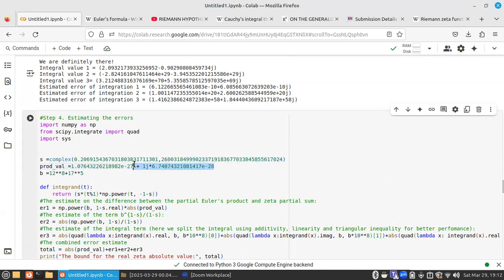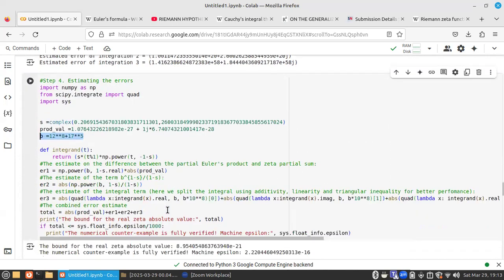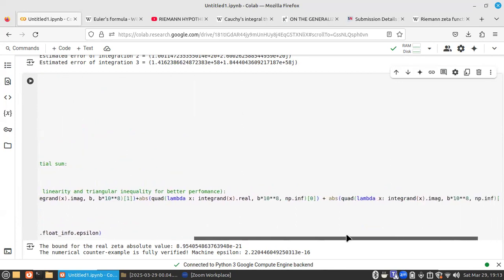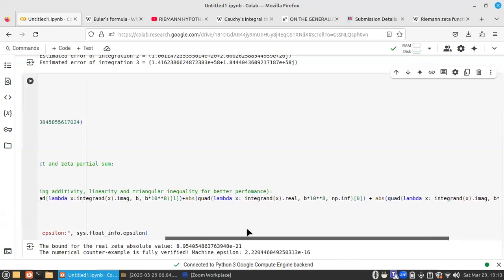Here we've got our product value, and here we've got our B. I would also note that for estimating the integral term, we had to split the integral by the additivity of integral into two integrals, one from b to b multiplied by 10 to the eighth power, and from b multiplied by 10 to the eighth power up to infinity, just by using the triangular inequality plus the additivity of integral.